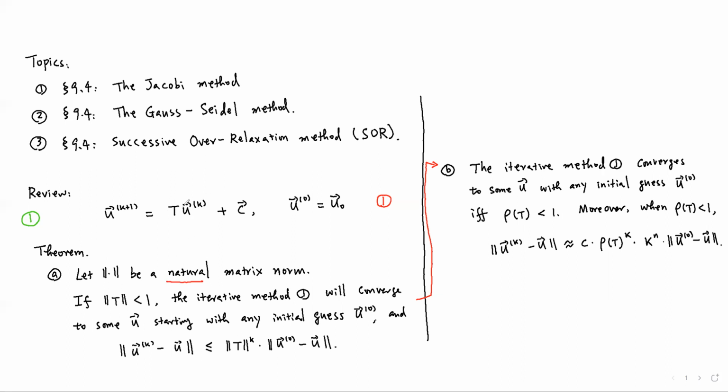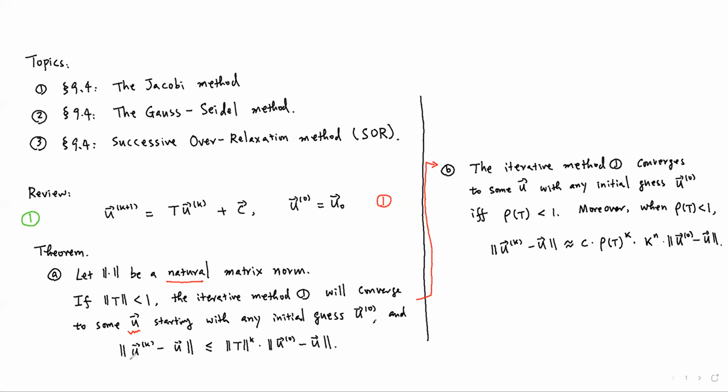If the norm of the iteration matrix T is less than 1, then the iterative method, which I call equation number 1, will converge to some vector U starting with any initial guess. Maybe this U depends on U0. Different initial guesses U0 may converge to different U, possible.